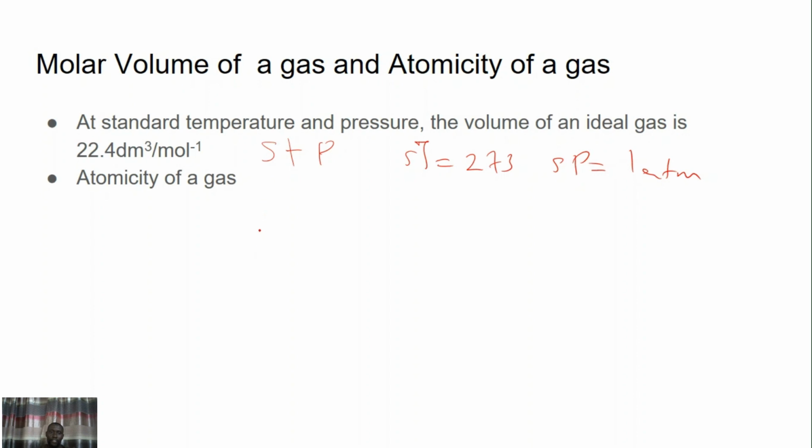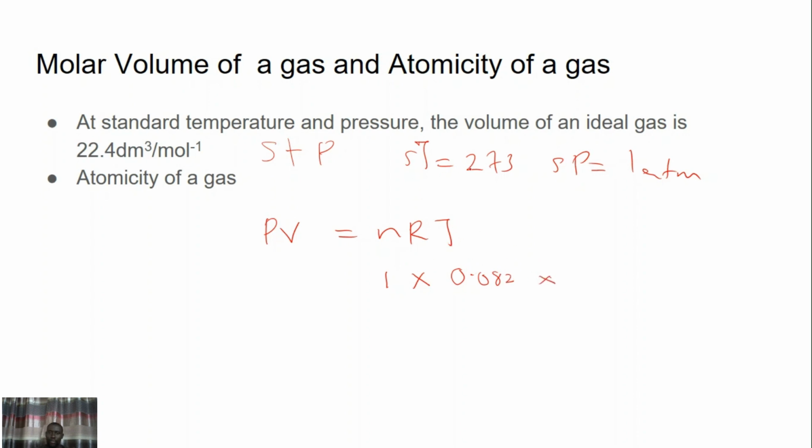So we can derive it from our ideal gas equation, which states that PV equals nRT. Since we are trying to check what will be the volume of 1 mole of a gas, n will be equal to 1, and this constant is called the gas constant, and it is given to be 0.082.